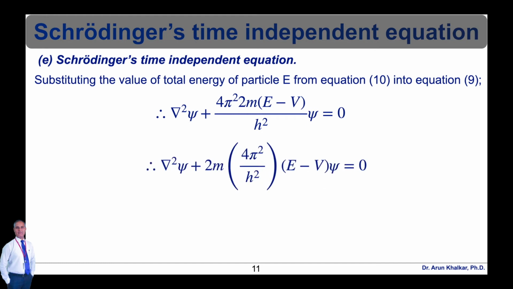Rearranging this equation, we can write ∇²ψ + 2m(4π²/h²)(E − V)ψ = 0. Therefore, we can write ∇²ψ + 2m(E − V)/(h/2π)² × ψ = 0.